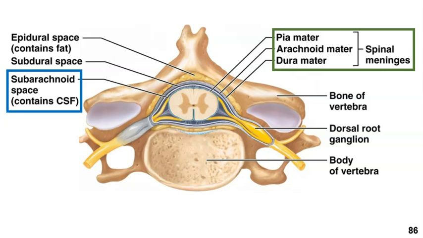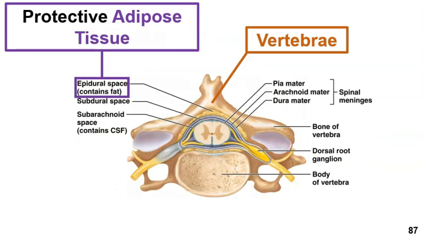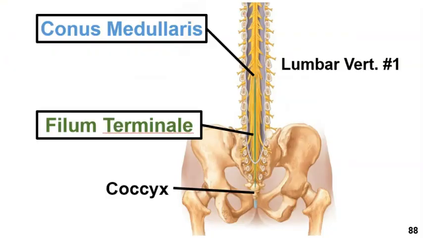The subarachnoid space between the arachnoid mater and the pia mater contains cerebrospinal fluid, or CSF, which helps to cushion the spinal cord. In contrast to the brain and the cranial bones, the spinal cord has a protective layer of adipose tissue between it and the vertebral column. This layer is located in the epidural space.